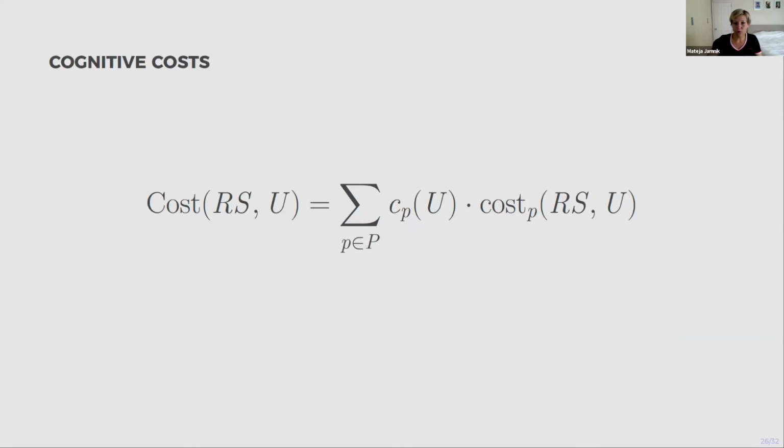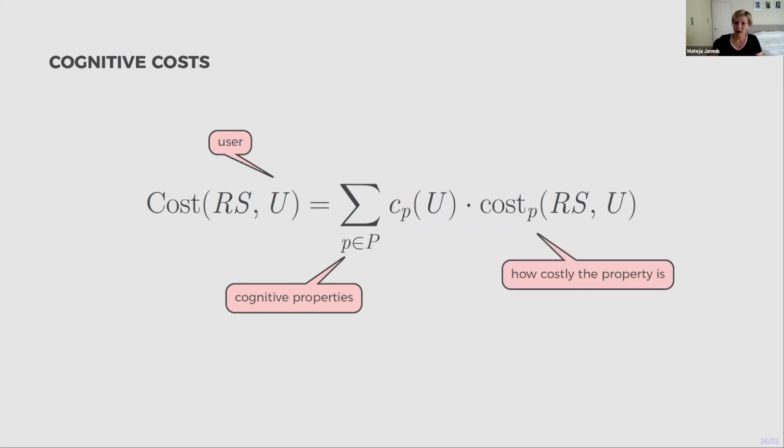So here is the formula. Again, you don't need to know all the details, but I'll just highlight a few main ideas. This U is my user. These P's are my properties; you saw nine of them in my table. Every property has a cost associated with it.